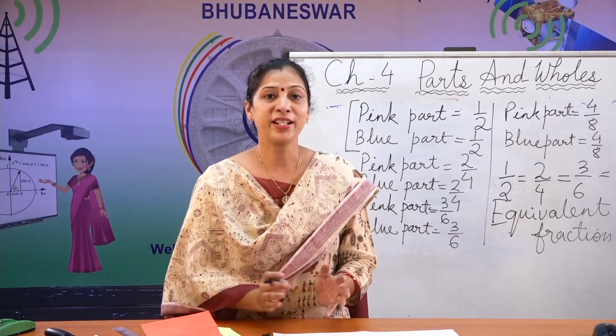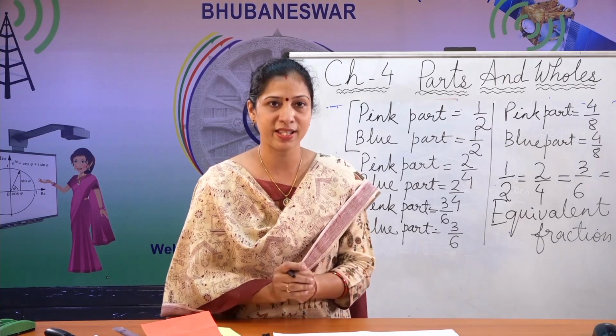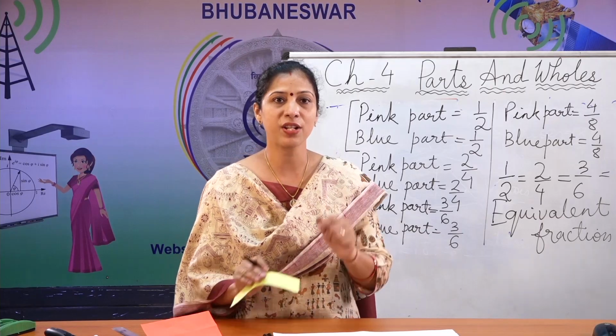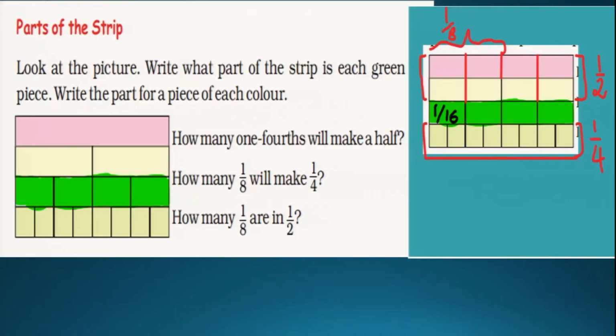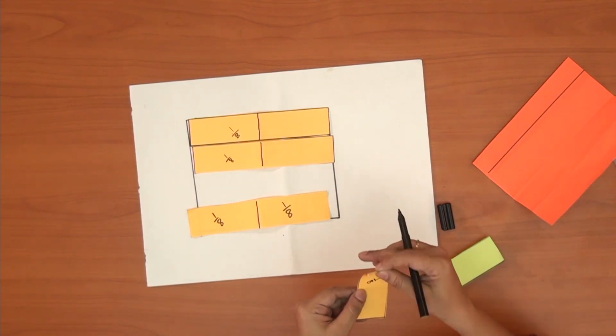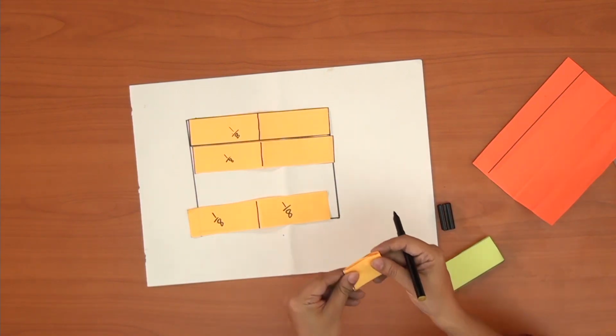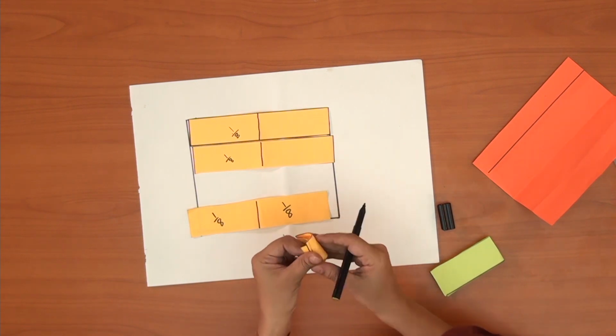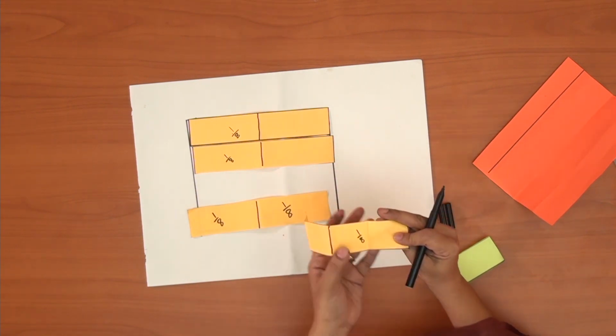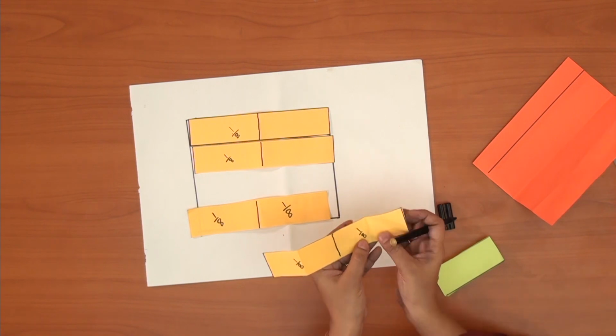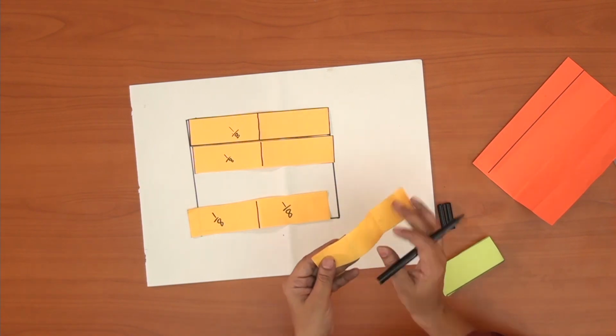So, children, it is very easy to do like this. And the next question is, which part of the strip is each green piece? Now, you can see in your figure that it is further divided into 4 parts. So, this is 1/8 and 1/8, and here this 1/8 is again divided into 4 parts.